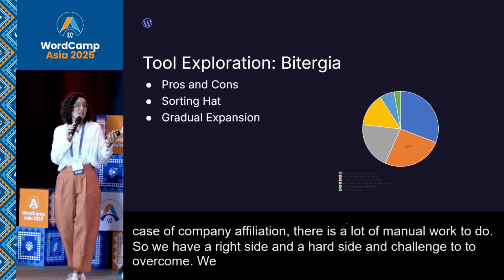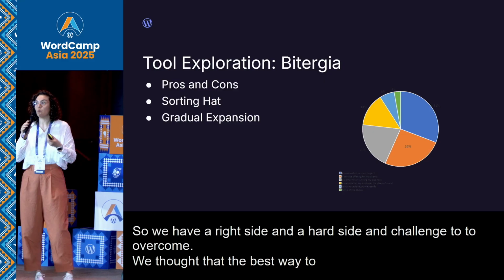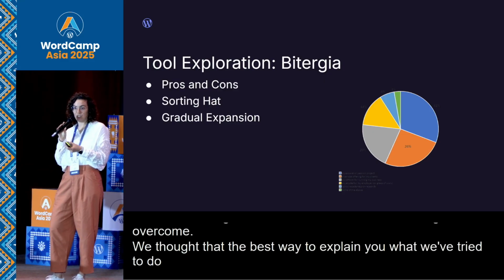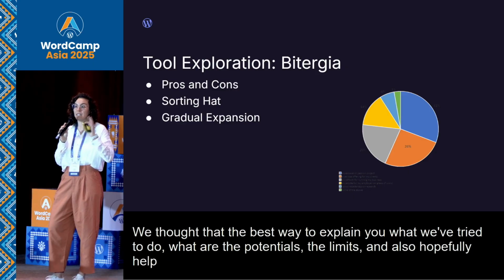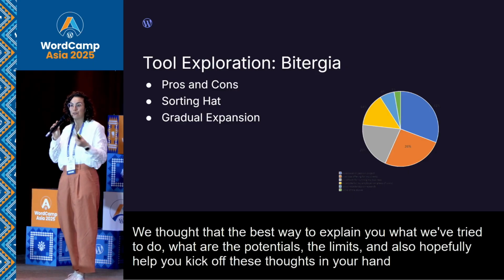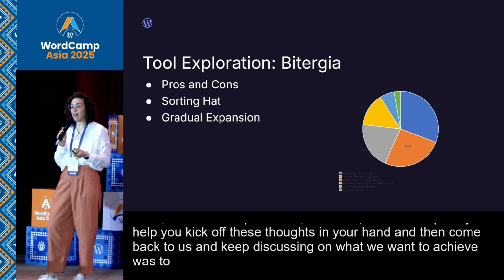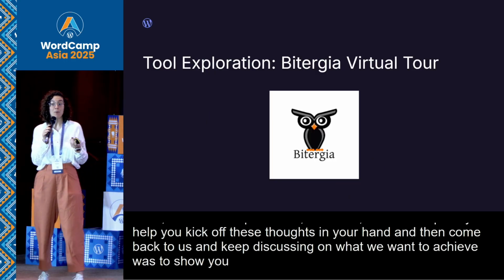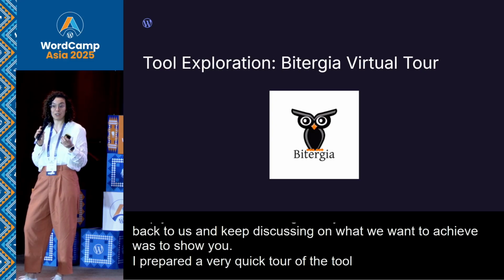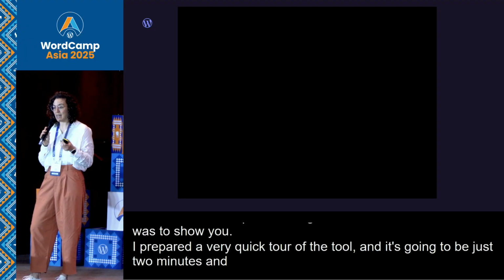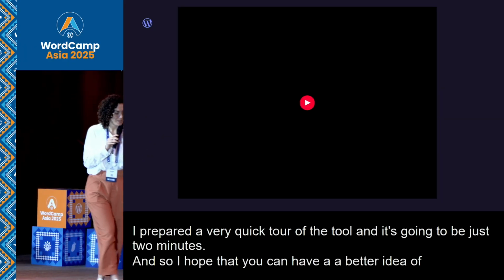We thought that the best way to explain what we've tried to do, what the potentials and limits are, and also hopefully help kick off these thoughts in your head and then come back to us and keep discussing what we want to achieve, was to show you. I prepared a very quick tour of the tool, just 2 minutes, and I hope that you can have a better idea of this.